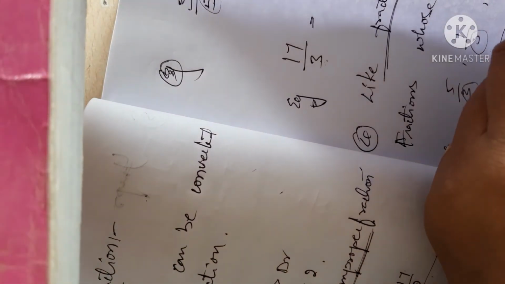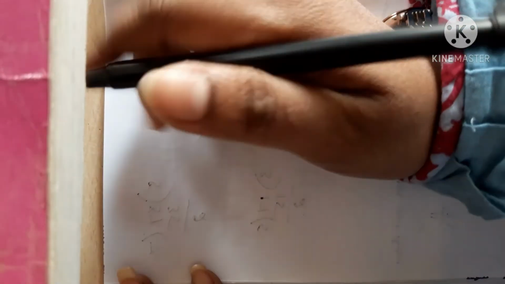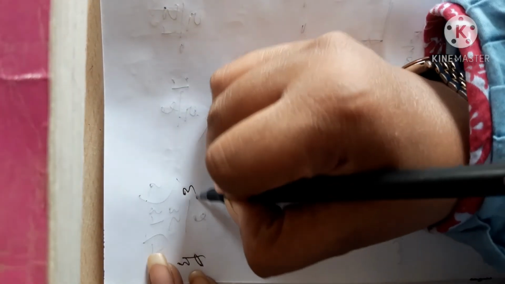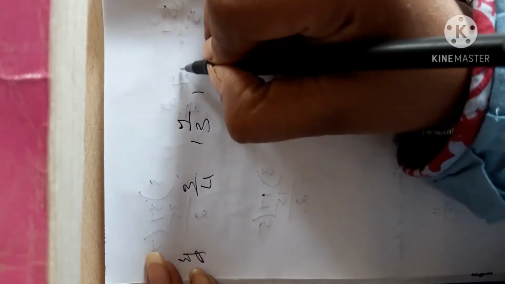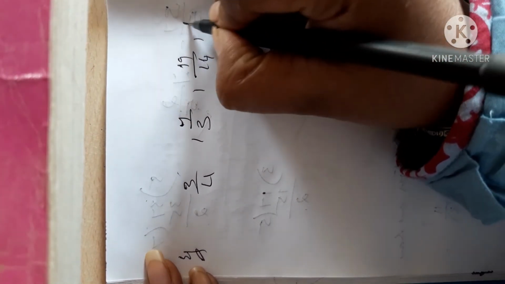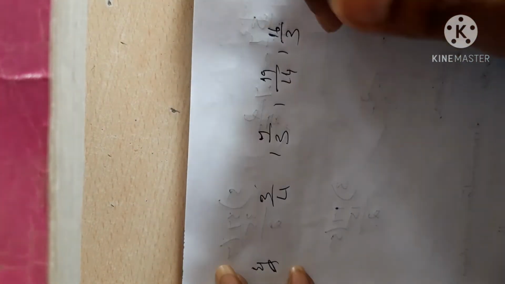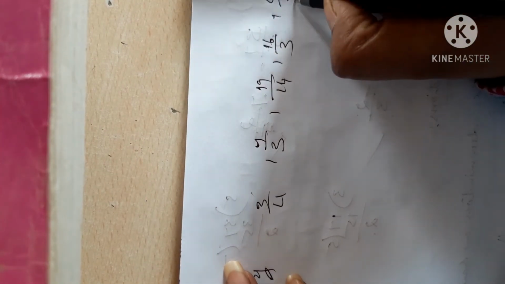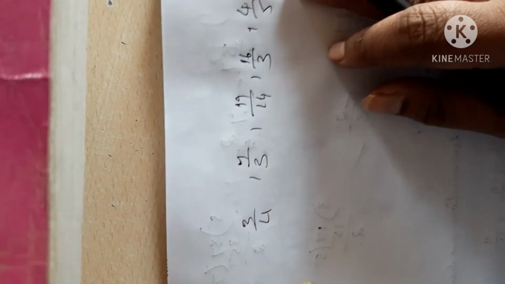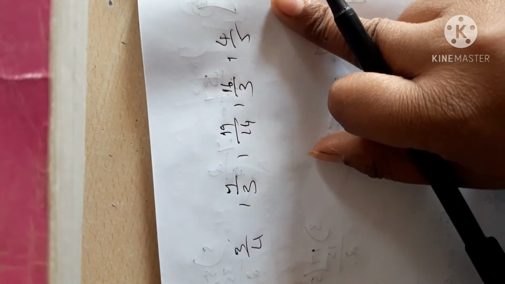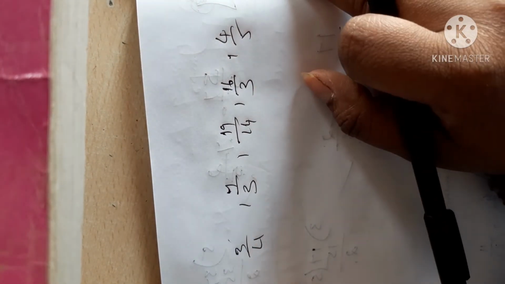What are unlike fractions then? Unlike fractions are 3 by 4, 7 by 3, 19 by 14, 16 by 3, 4 by 5. These are a group of 5 fractions. They are not all like fractions.